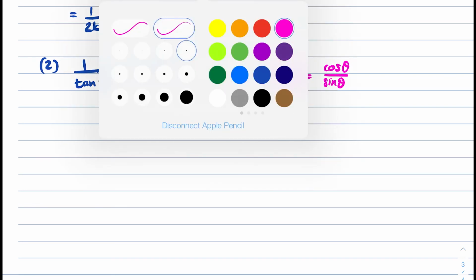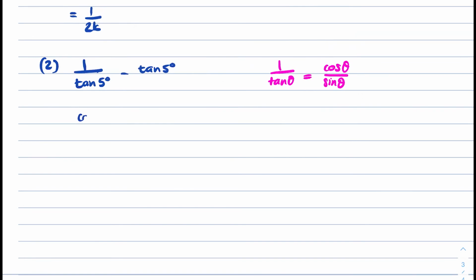So this first term, we would write as the cos of 5 degrees over the sine of 5 degrees, minus, and then here we're going to write this one as the sine of 5 degrees over the cos of 5 degrees. What we see now is that we're subtracting fractions. So if we take an LCD of cos 5 degrees sine 5 degrees, in this first term, we're going to multiply by cos over cos.